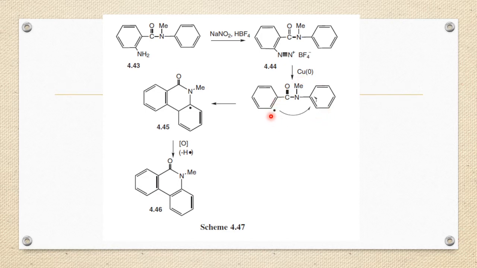You can bring about cyclization at this stage, in that similar fashion, to create a radical at the bridged carbon, and a hydrogen radical is abstracted from this end to create a double bond. And this is another reaction where we find a tricyclic heterocycle being prepared.